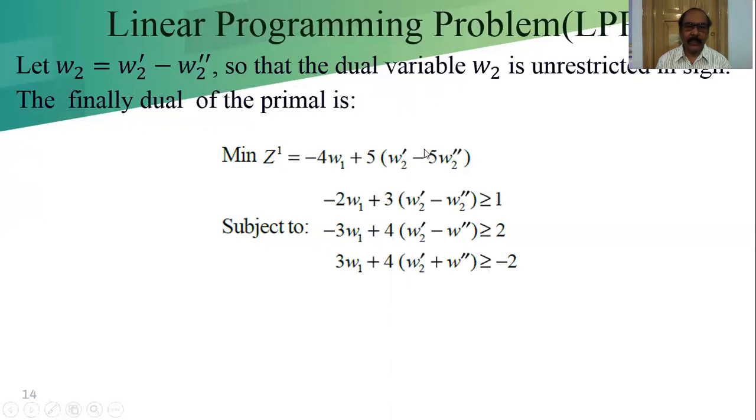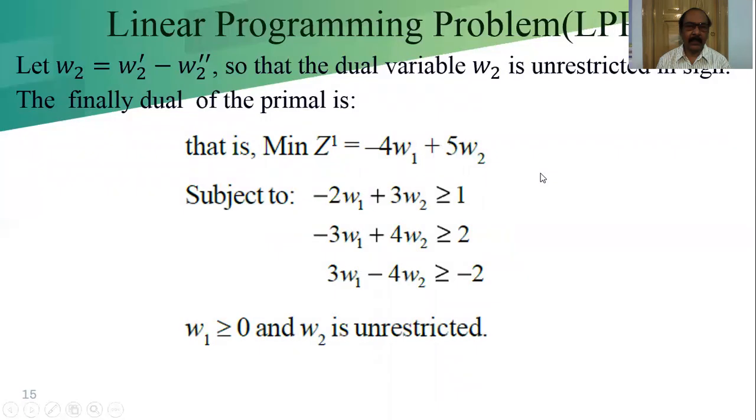Now changing this difference by W2 will get the final result.